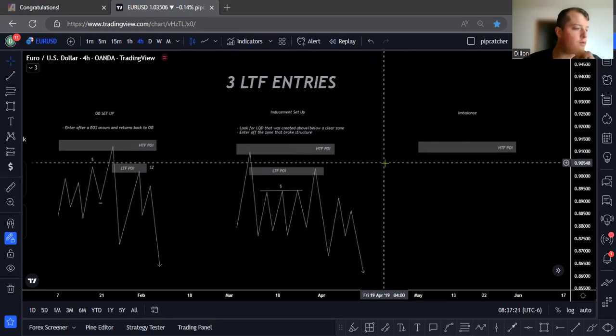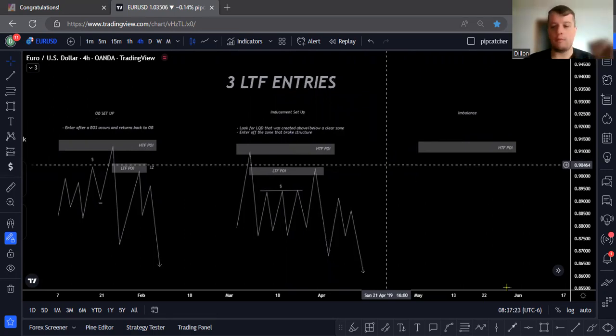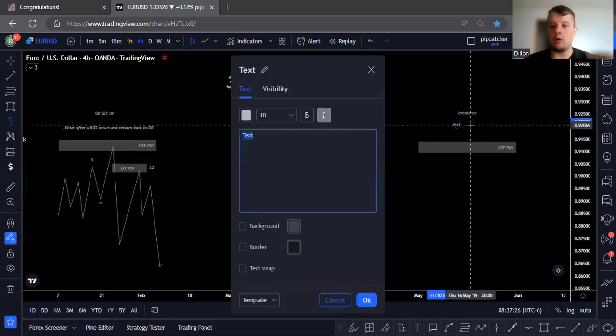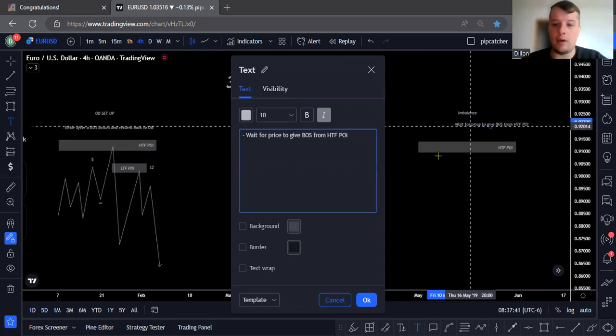So third and final one here, right? First and foremost, we're gonna wait for price to break structure off of our higher time frame point of interest. So wait for price to give break of structure from higher time frame point of interest.